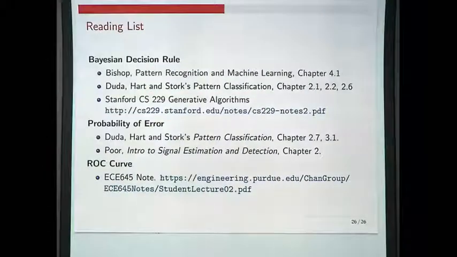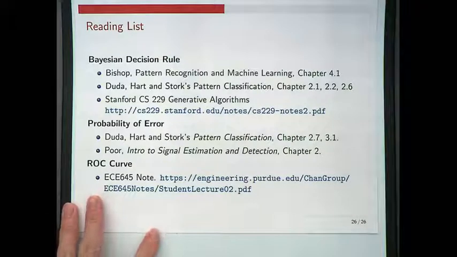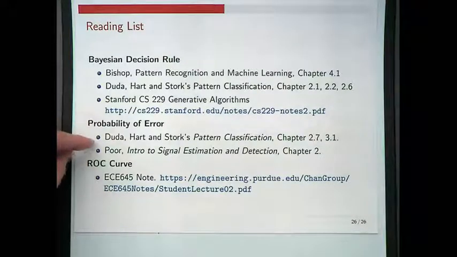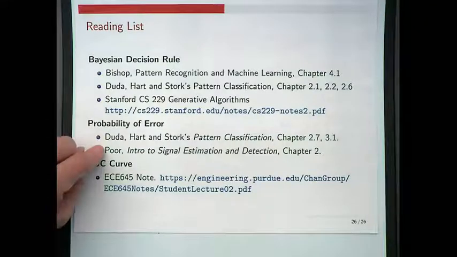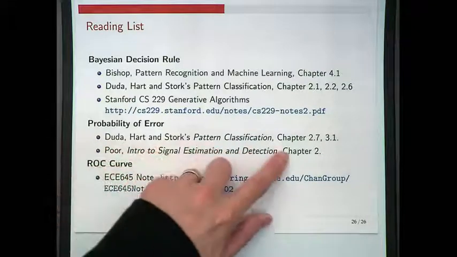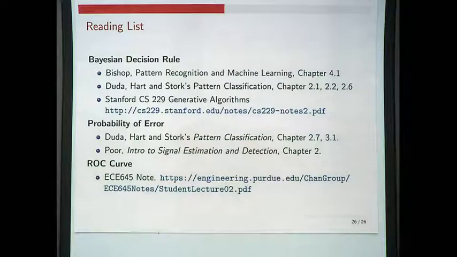So that's the ROC curve. And there are lots of things about the ROC curve which we don't have time to go into in detail. However, I would encourage you to take a look at a few materials. One is this chapter by Duda, Hart and Stork on pattern classification. They have a lot of discussion on the ROC curve and probability of error.